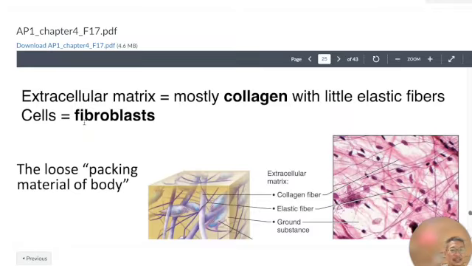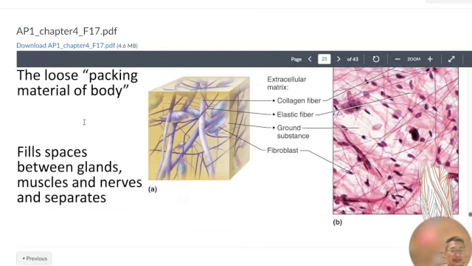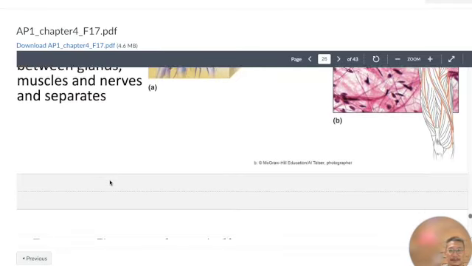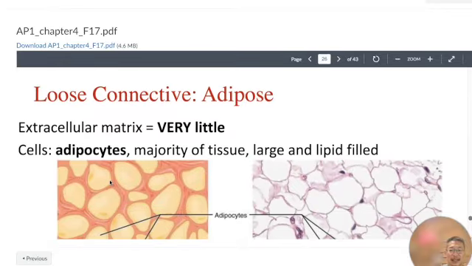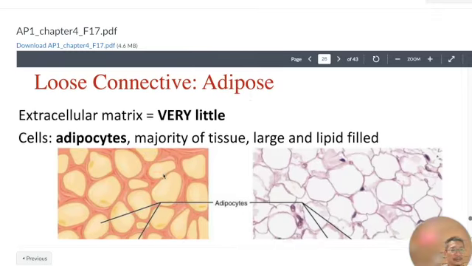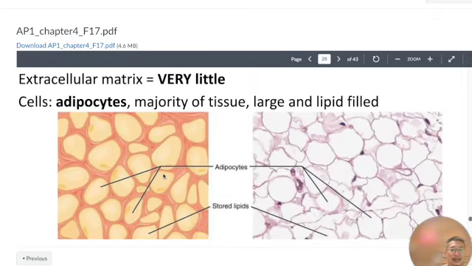So this is the loose connective tissue. It fills spaces between glands and muscle and nerves and separates. Adipose stands for fat. Very little extracellular matrix.